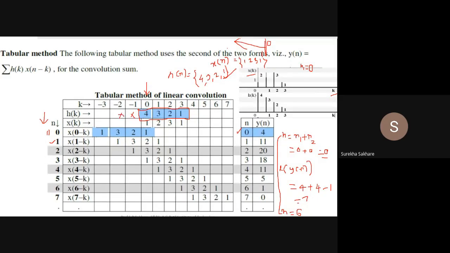There is no sample here. I have only 2. That is what? 4 into 2, 3 into 1. So what is that? 4 into 2, 11. So am I getting this 11? Yes, I think that equation is correct.